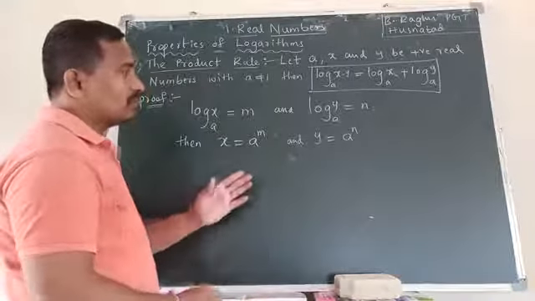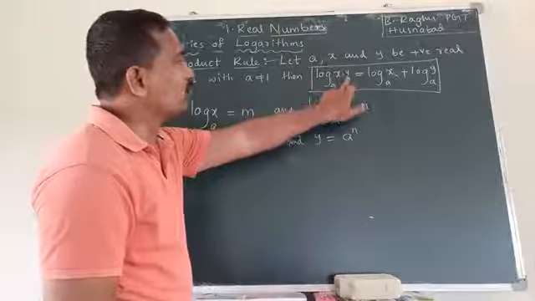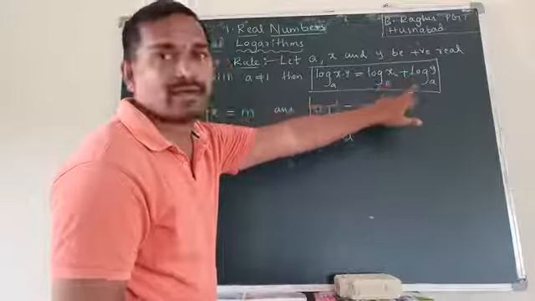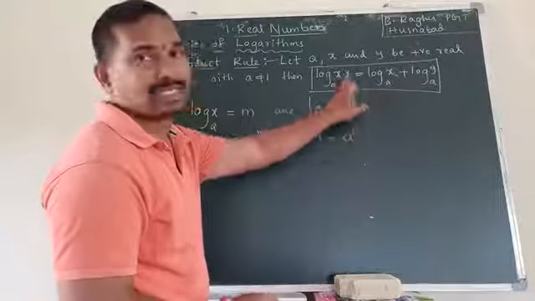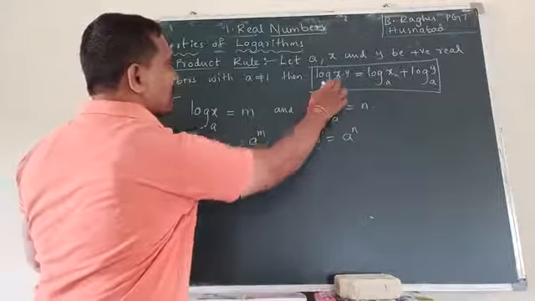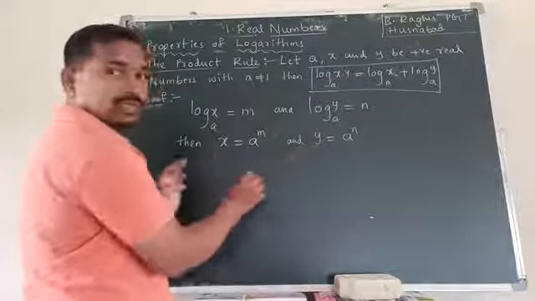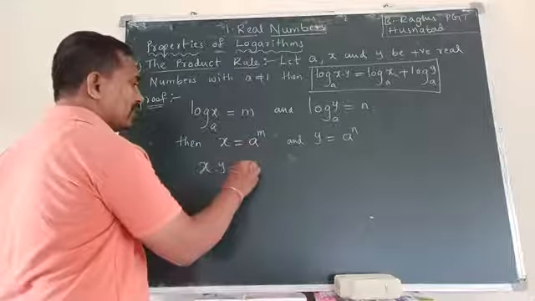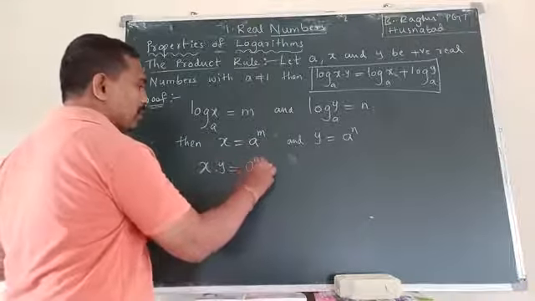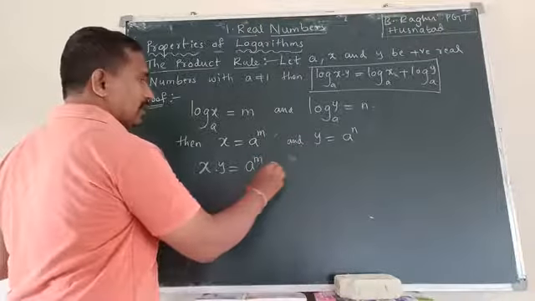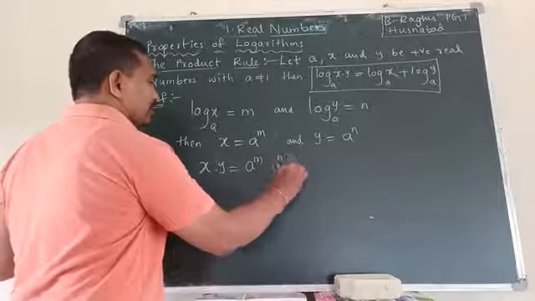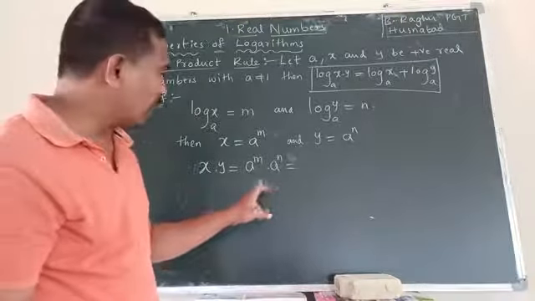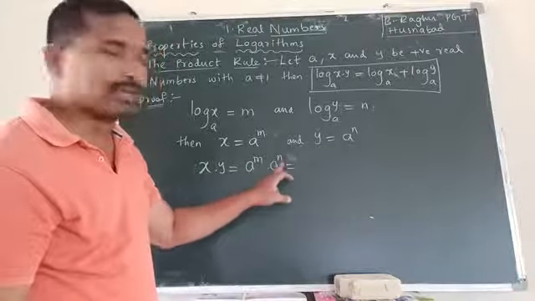Now what do we prove? Log x into y base a equals log x base a plus log y base a. Here the x into y term is there, so let us multiply these two. x into y equals a power m into a power n.